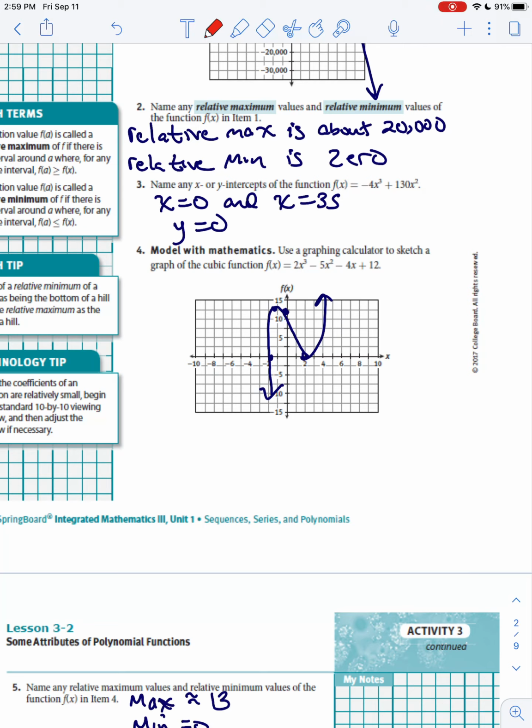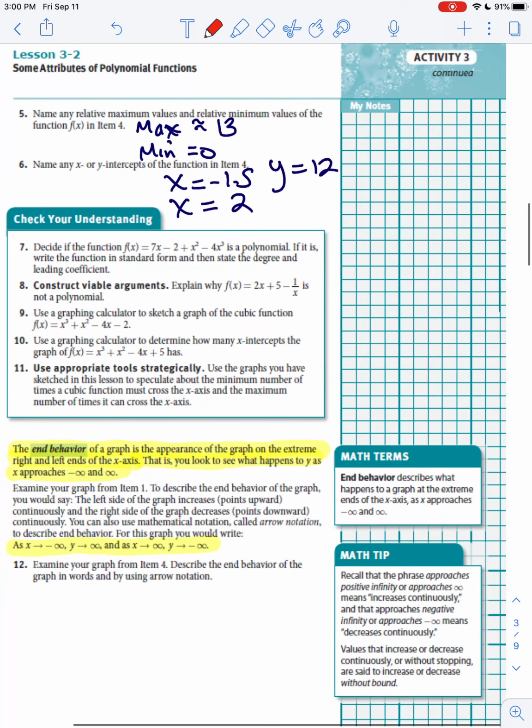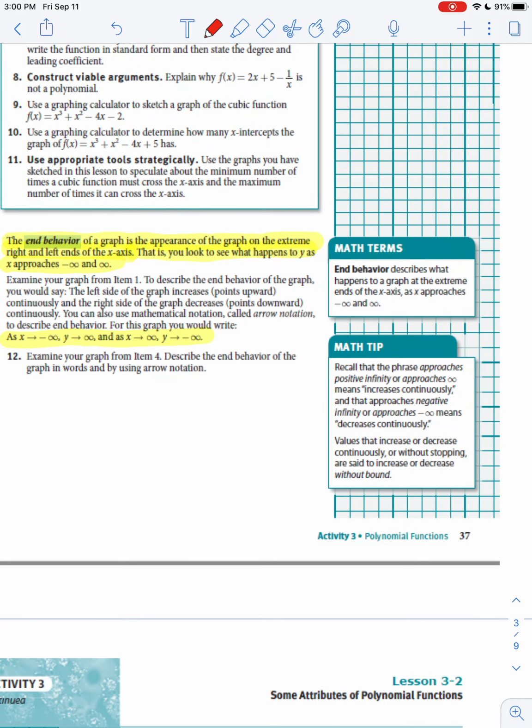Okay, and it does look a little different. So I'm going to look at as x approaches infinity, I see y also approaching infinity. So that's how we say it: as x approaches infinity, y also approaches infinity.